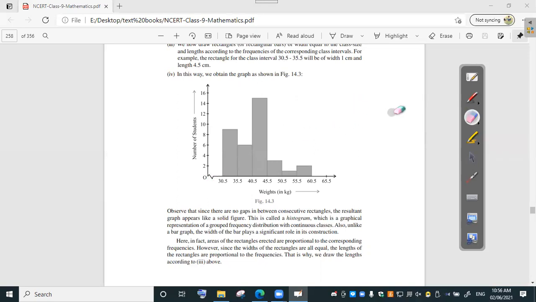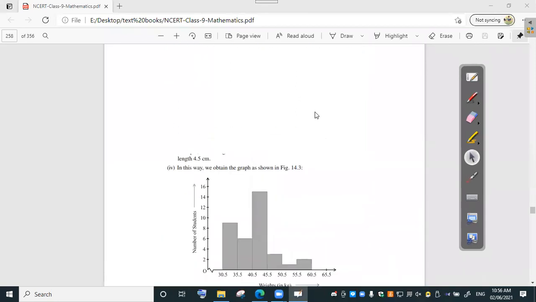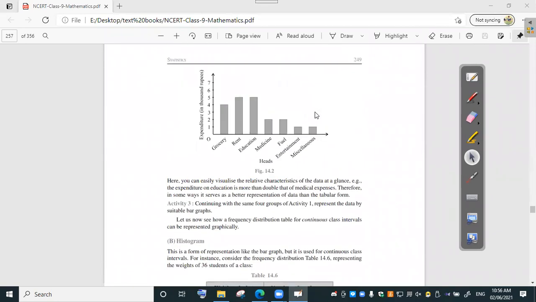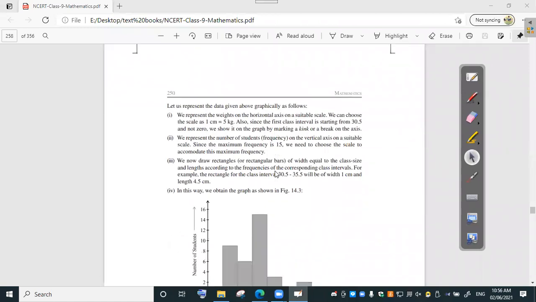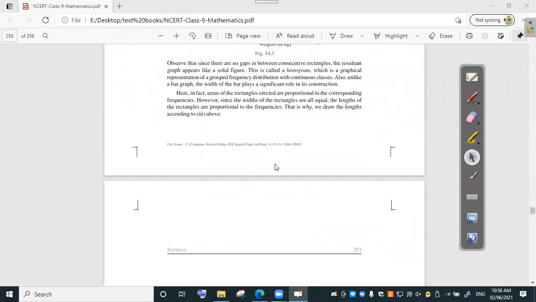So this is the histogram. The difference between a bar graph and a histogram is that if there is a gap between the bars, it is a bar graph, and if there is no gap between the bars, it is a histogram.